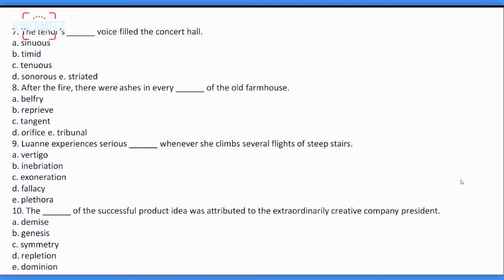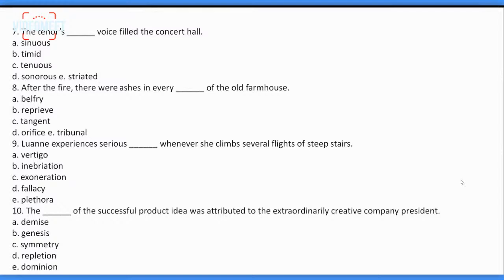So belfry wouldn't be that option, because belfry means a place to keep a lot of bells. It's the place in the bell tower that is used to store maybe old bells or maybe new bells. But we are talking about an old farmhouse, not a bell tower.